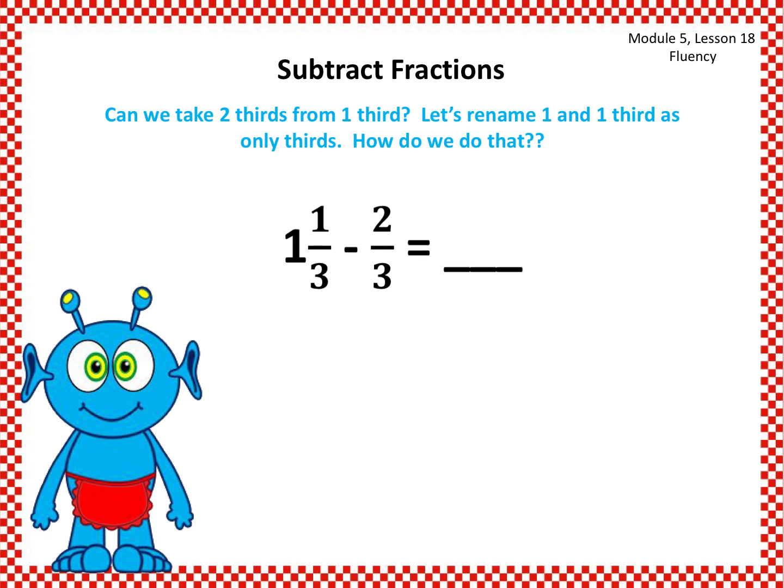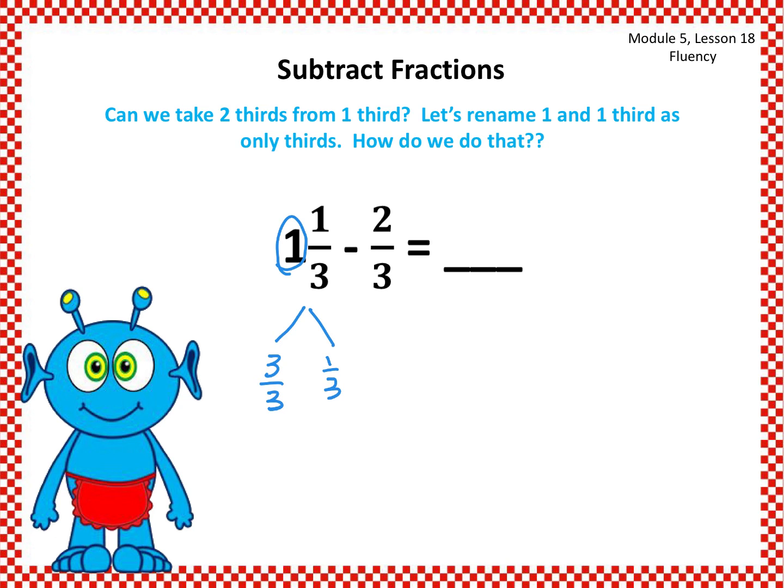All right. Then, this gets a little bit more complicated, doesn't it? So 1 and 1/3 minus 2/3. So I don't know if we can do that. So let's figure out how we can rename 1 and 1/3 as thirds. So if we were to take 1 and 1/3 and do a number bond, we could rewrite the whole, 1 whole, as 3/3. And then we'd have still 1/3 left.